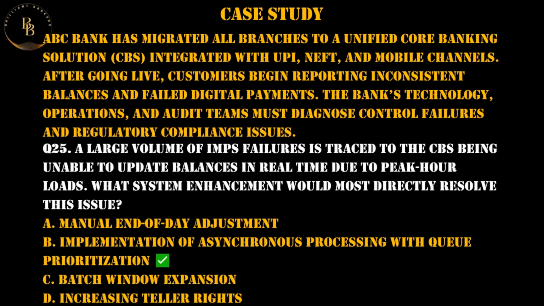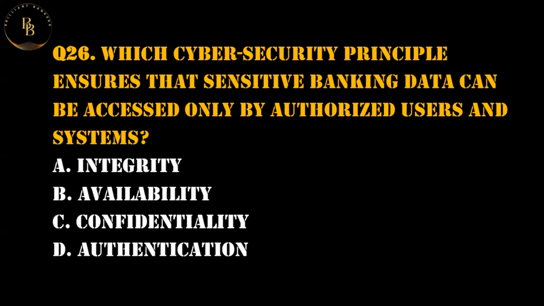Coming to question number 26, and this is about cyber security principle. Which cyber security principle ensures that sensitive banking data can be accessed only by authorized users and systems? Is it integrity, availability, confidentiality, or authentication?